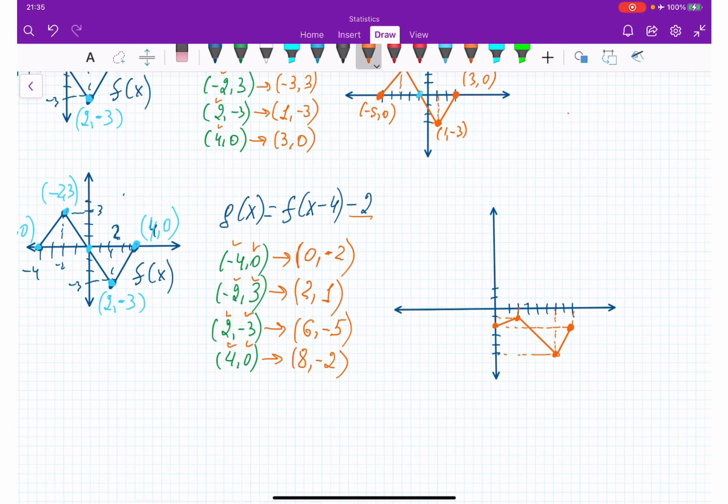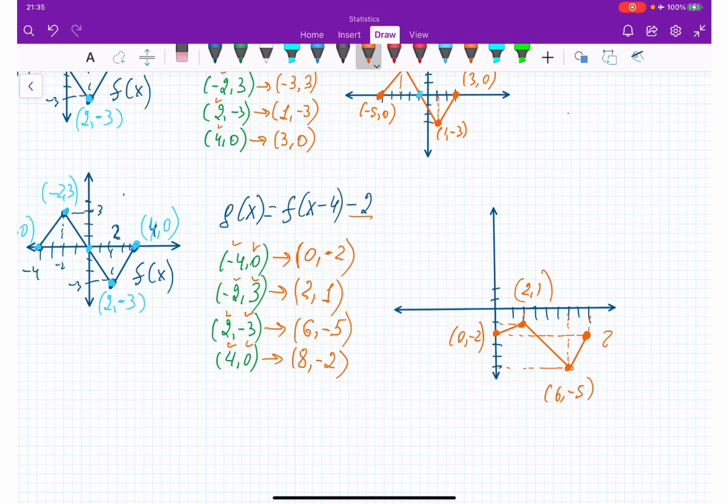This is our graph. Let me see, I can zoom it. Like that, so you will see. So this coordinate is 0, negative 2. Here, this coordinate is 2 and 1. This coordinate, 6 and negative 5.